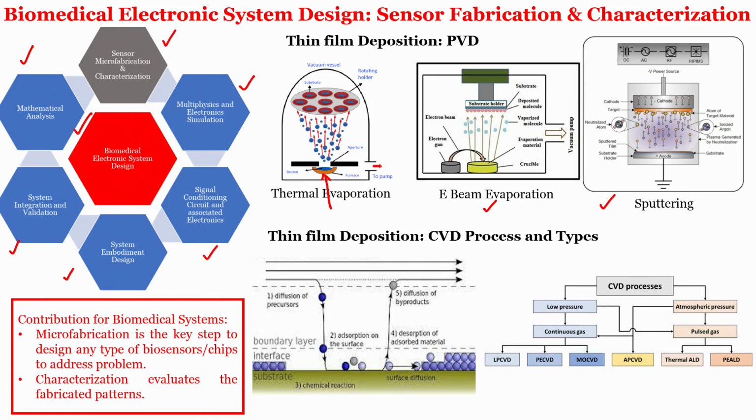There is a magnetron that can improve the rate of deposition, also uniformity of the deposition, right. So, all three things, thermal evaporation, electron beam evaporation and sputtering, fall under thin film deposition or PVD, which is called physical vapor deposition.